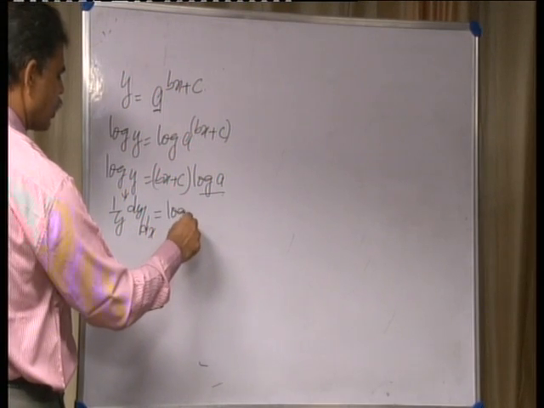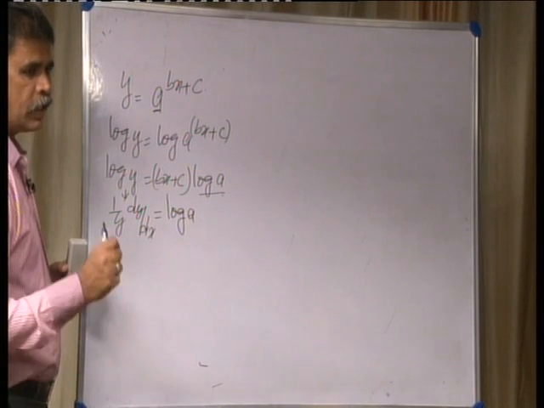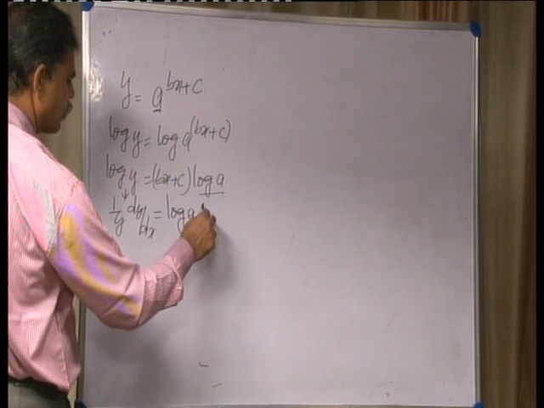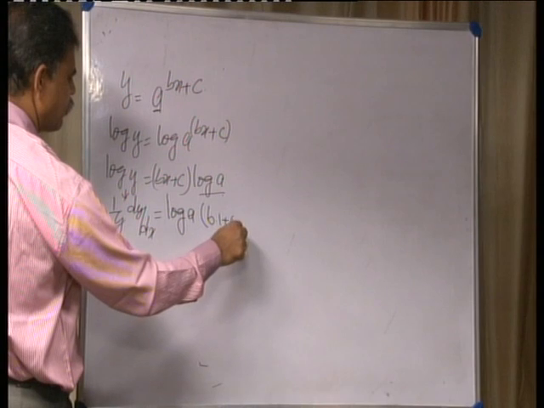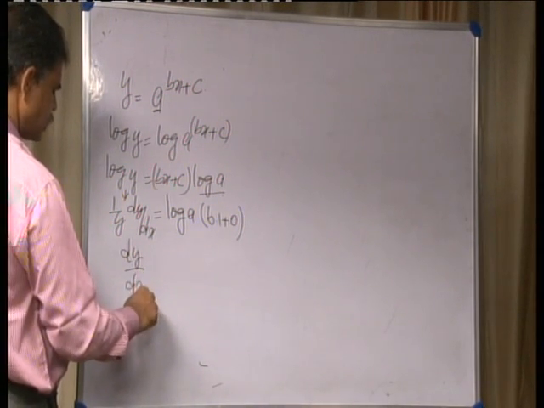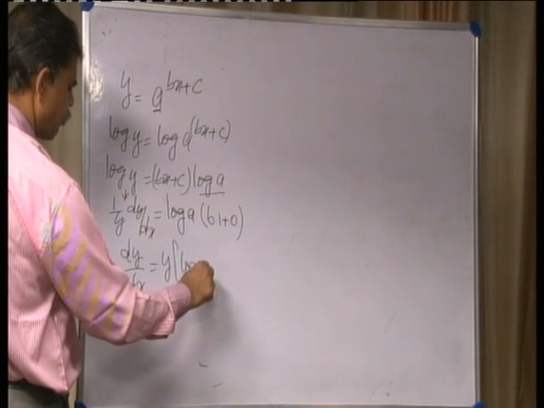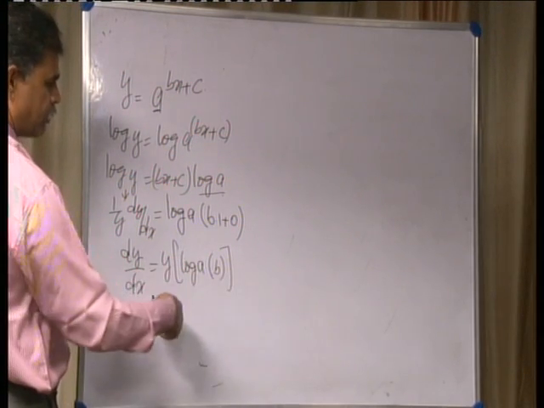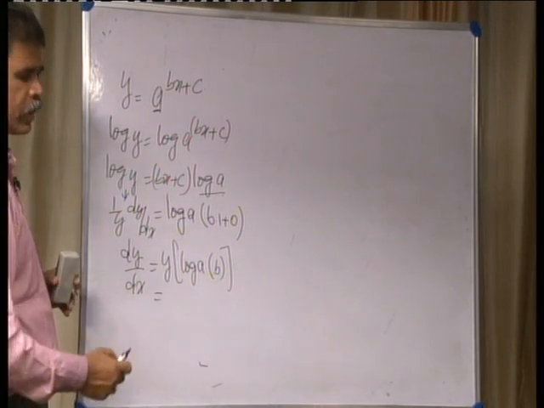Log a is a constant. We cannot use product rule here because it is constant into function. Therefore, keep constant as it is, differentiate bx plus c. Bx, b into 1 plus c is 0. Hence, dy divided by dx is equal to y into log a into b. This b cannot be multiplied to this a, it is always taken to the right side, sorry, it is not taken as index.